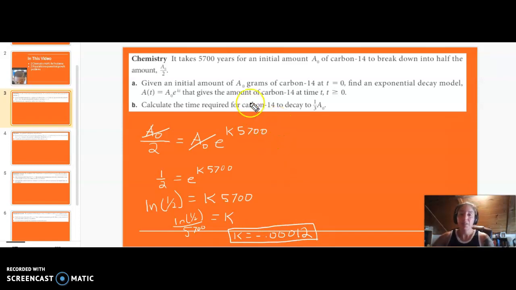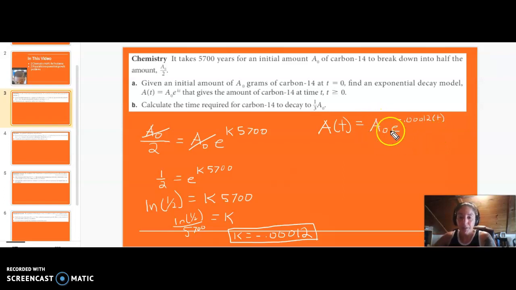What this means here is K is our decay constant. A sub naught is going to stay A sub naught. So to answer A, A of T equals A naught times e to the K, which we now know is negative 0.00012, times T, and T is in years.